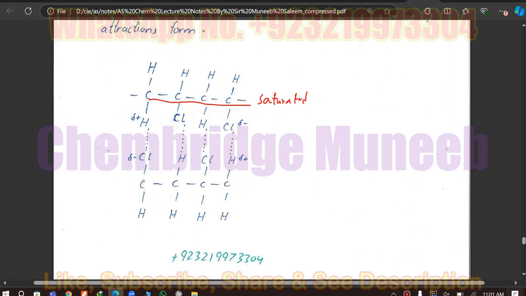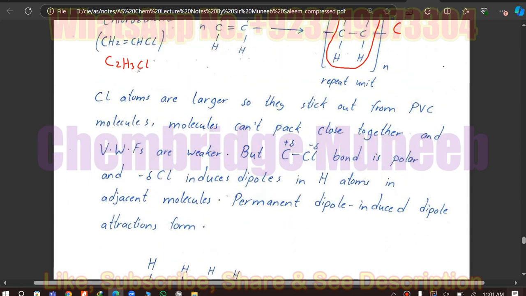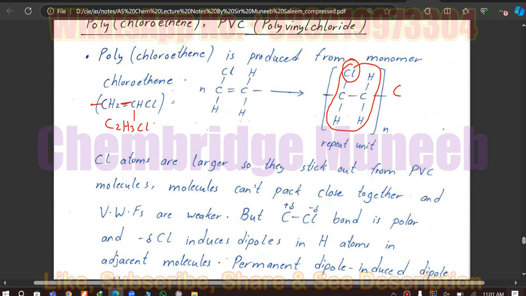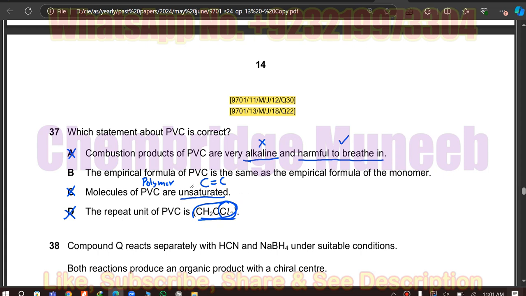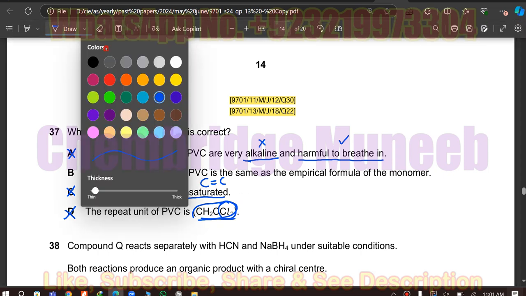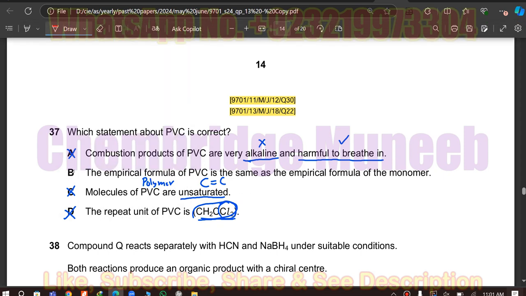Even here you find that at the end you will get the same formula for the whole polymer, since the bond was broken from here. When it was broken, we got one bond over here and one bond on this carbon. So they are just the breakage of the double bond. However, the atoms are still the same, so the empirical formula of PVC and the monomer will remain the same. That's why option B is the correct option.